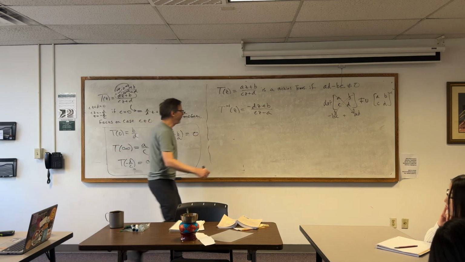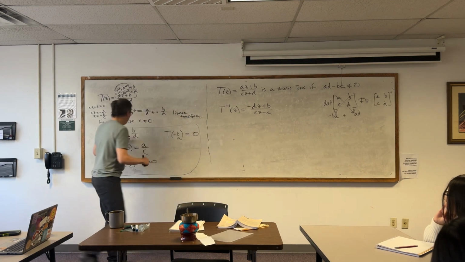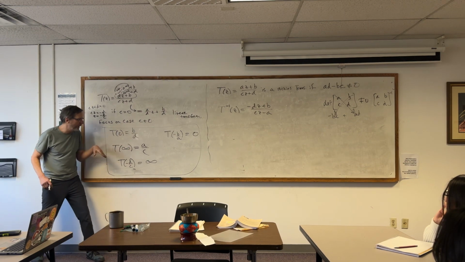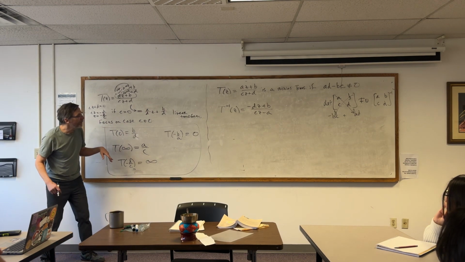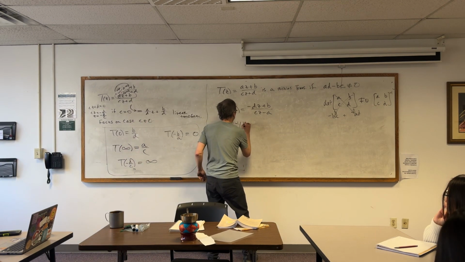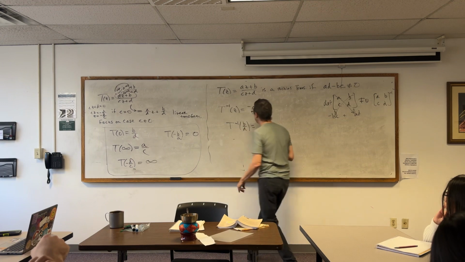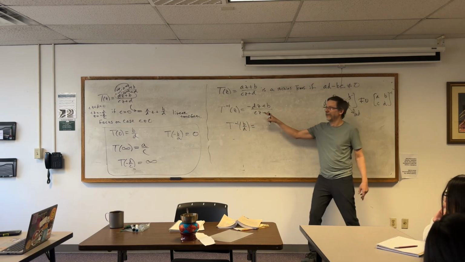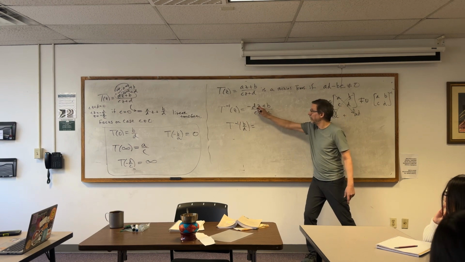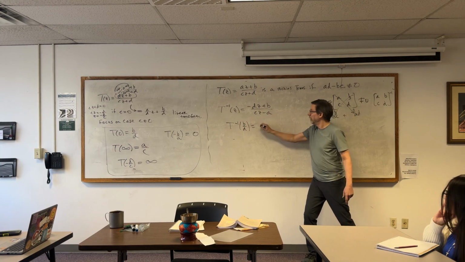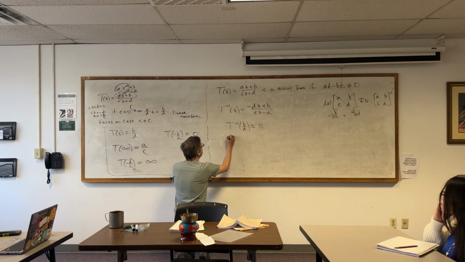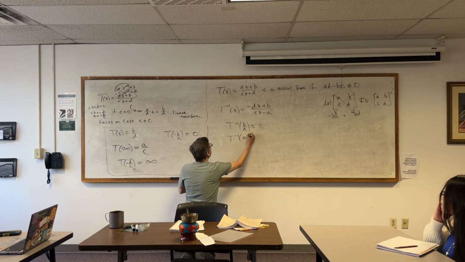Let's just check out a couple of things. If the original transformation acts like this, 0 goes to B over D. Notice that T inverse of B over D is what? You put in 0, you get a 0 on top. Replace this Z with B over D, 0.